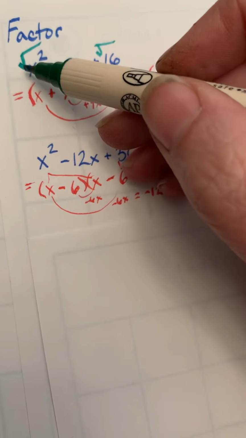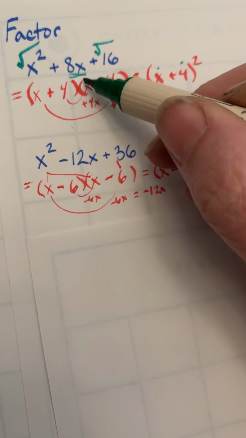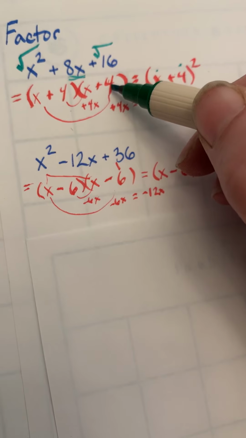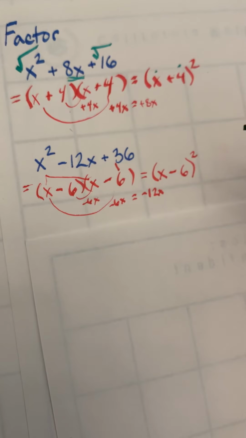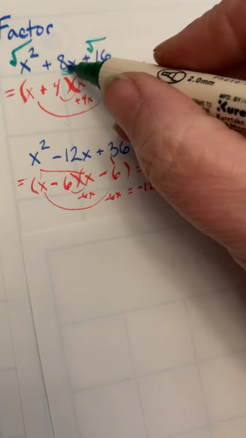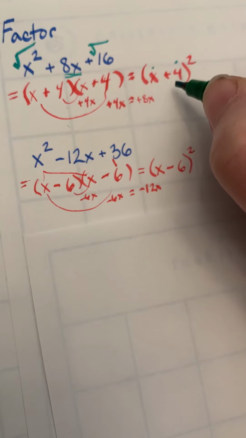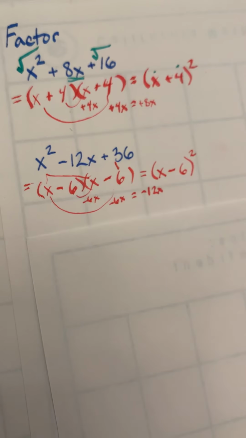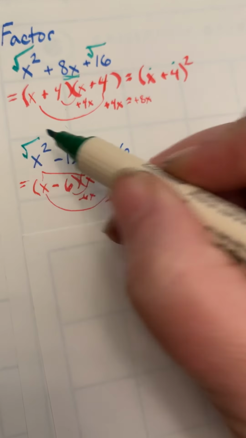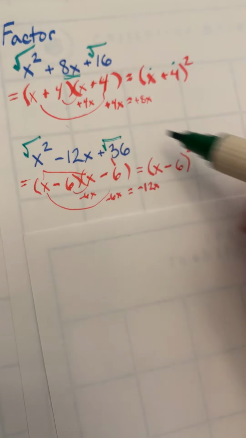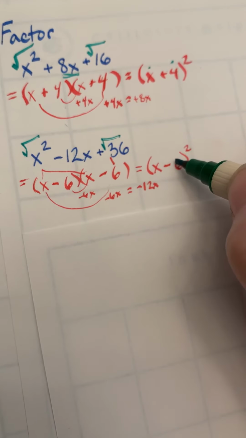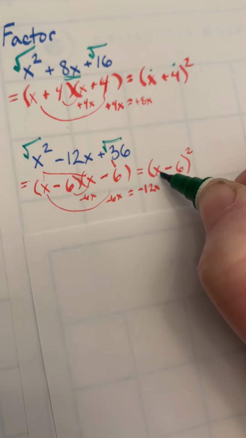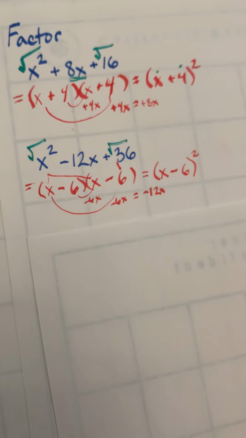If this is not a 1, you do have to multiply the coefficients here. 1 times 4 gives you 4, doubled gives me the 8. So in order to get the 8, we can take the 4 times the x multiplied by 2, gives me the 8. Same thing here, square root of x squared gives me x, square root of 36 gives me 6. Negative 6 times x doubled gives me negative 12x.